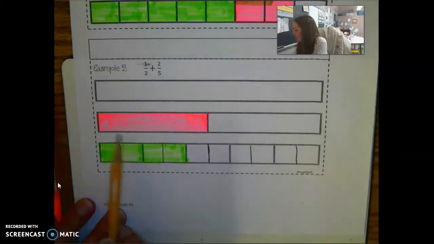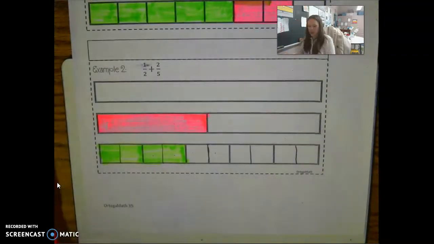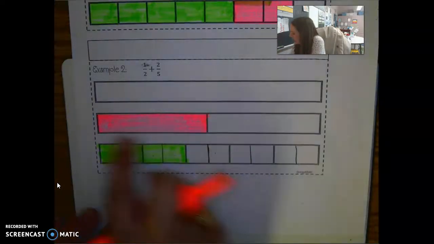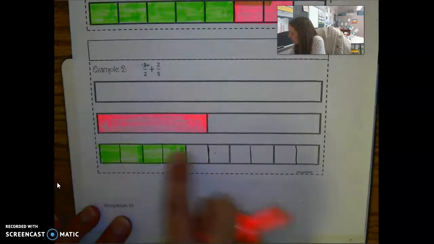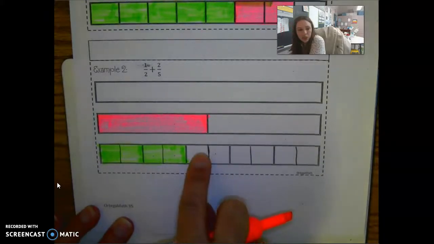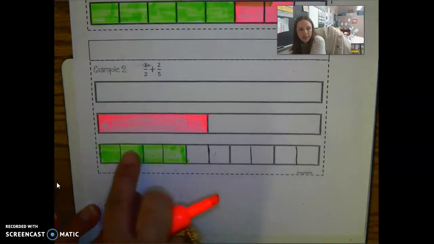Okay, so now we have 1, 2, 3, 4, 5, 6, 7, 8, 9, 10. We have tenths, and we have 1, 2, 3, 4 tenths colored in. Well, if I colored in 1, 2, 3, 4, 5 of these, which takes up the 1/2, do you agree that the 1/2 takes up 5 tenths?